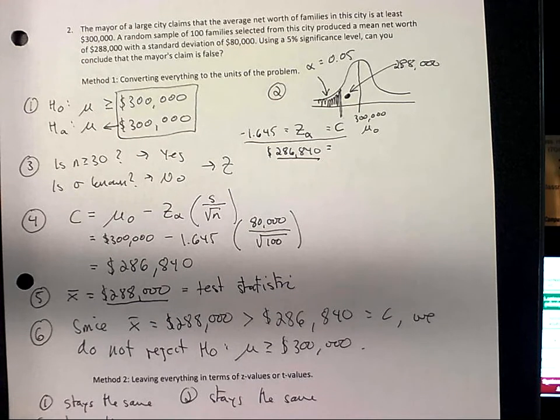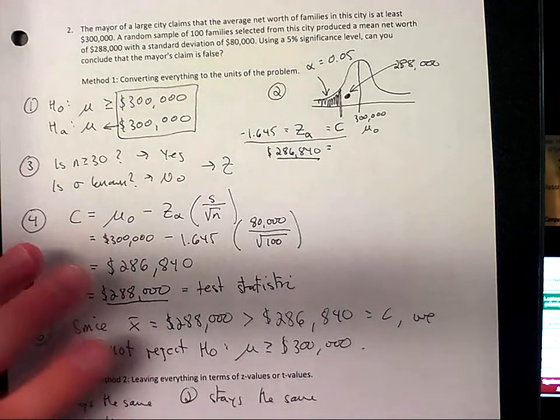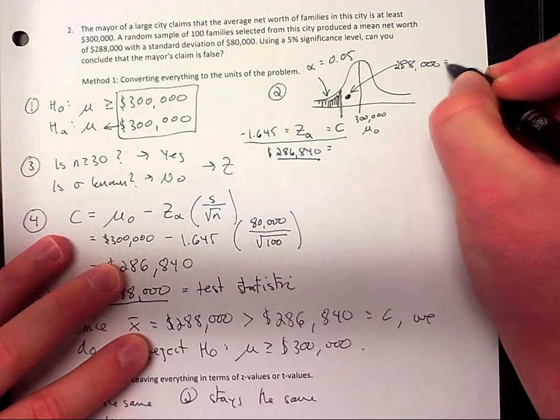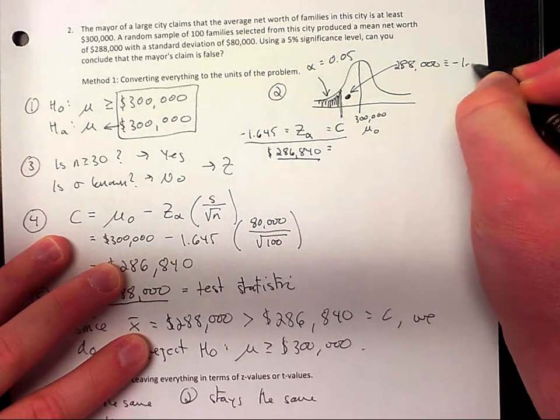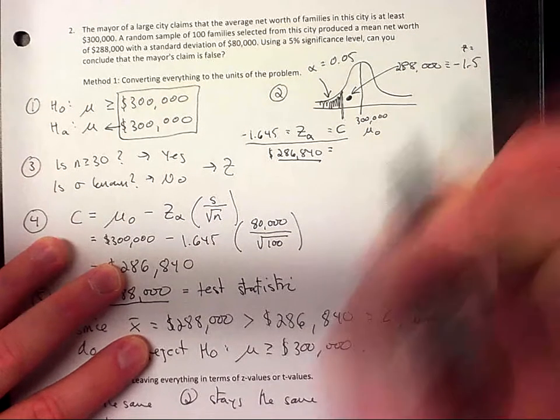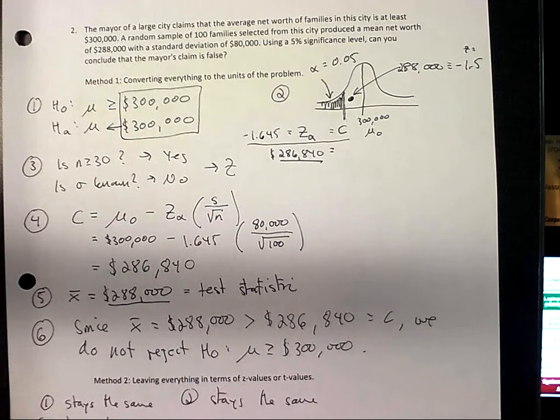So if we land at a z value of negative 1.5, are we in our rejection region or not? Again, we're not, right? Here our rejection region begins at negative 1.645, which is why I emphasized writing that negative up here earlier. Negative 1.645. So we just found out that this is another way of saying a z value of negative 1.5. So therefore, we're not in our rejection region.